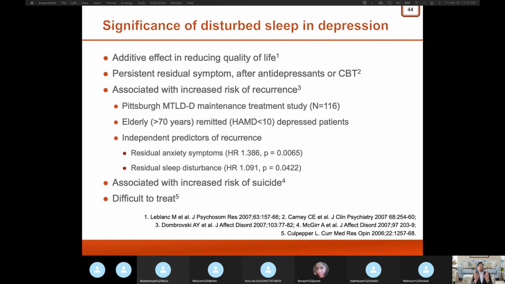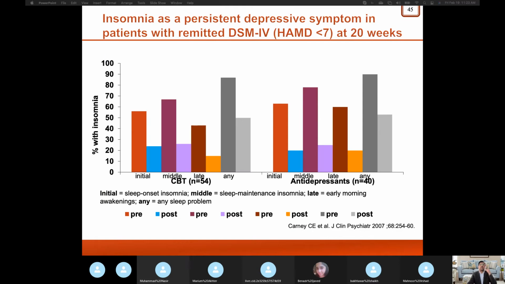So this is one of the residual symptoms that people keep on complaining about, the quality of sleep. Again, it could be because of residual anxiety symptoms, or it could be primary insomnia secondary to MDD. And it is associated with increased risk of suicide, and it is usually difficult to treat.